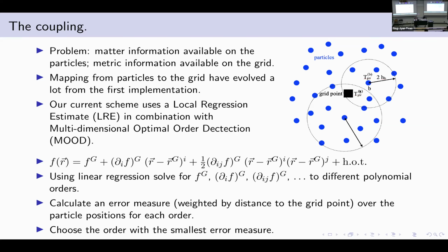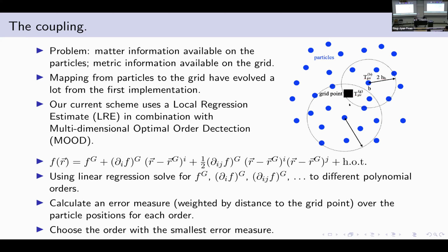Then we can expand any function around this grid point by a normal Taylor expansion, and then use all the particles along with their smoothing kernels to use linear regression to solve for the quantity at the grid point, and the derivatives of certain order, depending on what order we go to, at the location of the grid point.